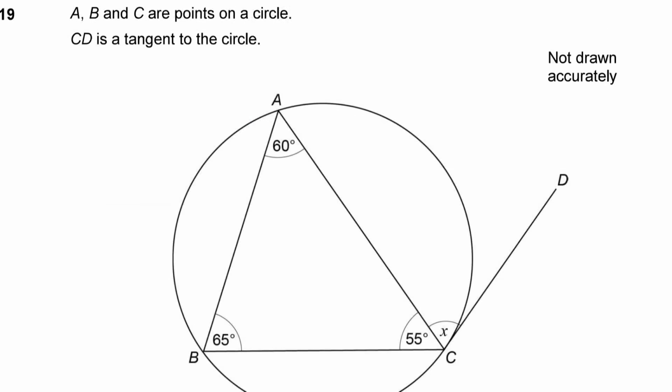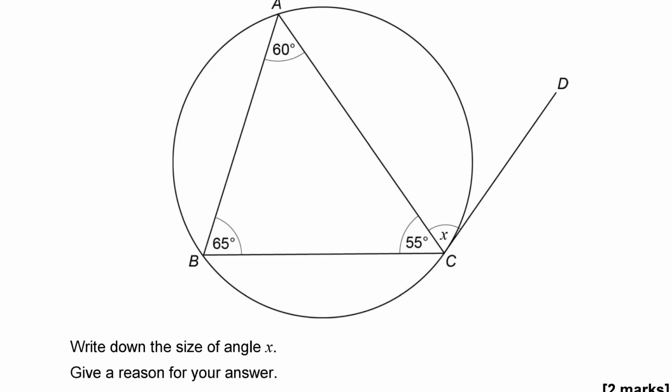A, B and C are points on a circle. CD is a tangent to the circle. And we need to write down the size of angle X and give a reason for our answer. Okay, so here's angle X. It's the angle between the tangent and the chord AC.